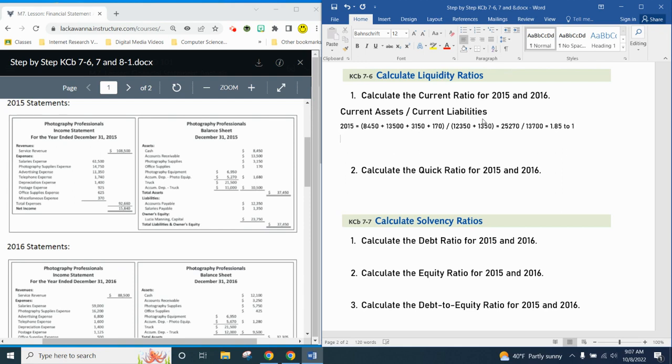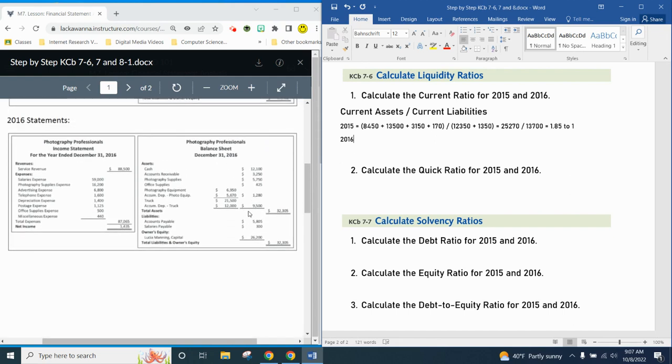Again, we're going to do the same thing for 2016. Scroll down so we can see the 2016 numbers. We take our current assets, our cash, accounts receivable, photography supplies, and office supplies, and add all of those up. Divide them by our current liabilities, which are accounts payable and salaries payable.